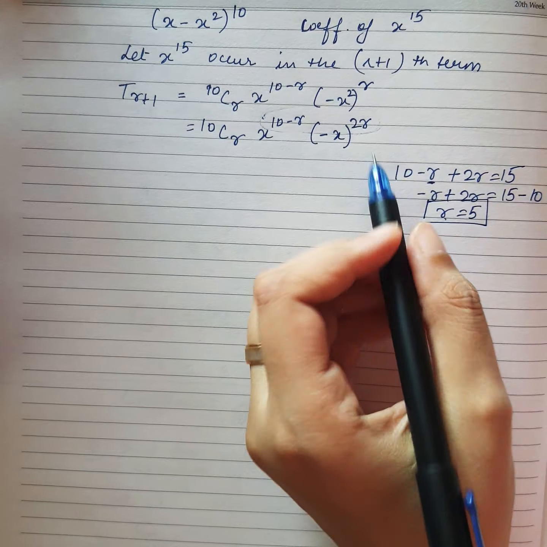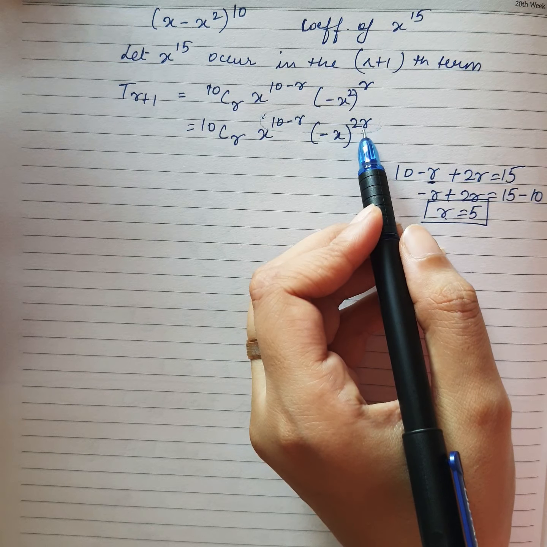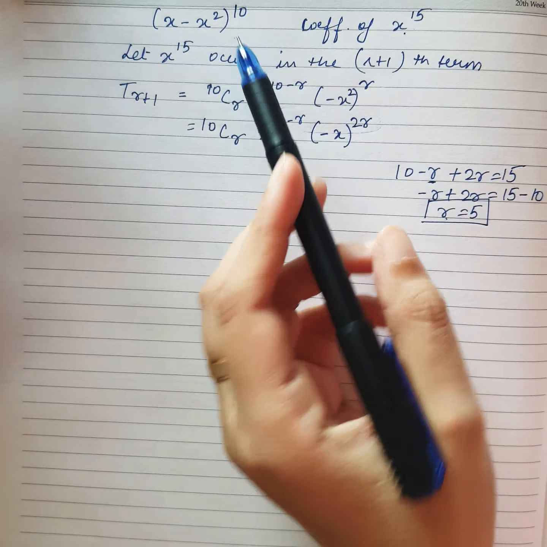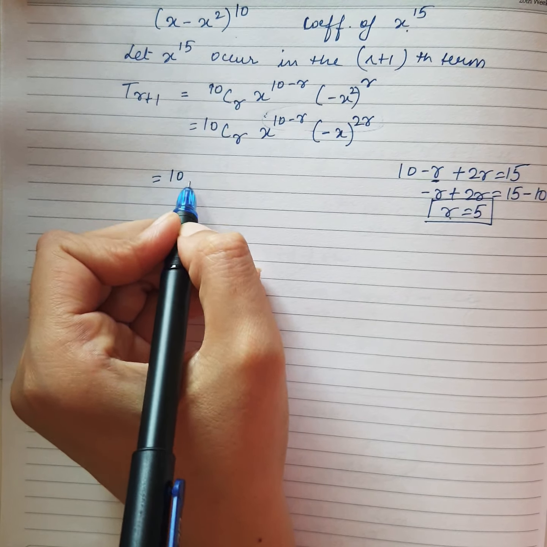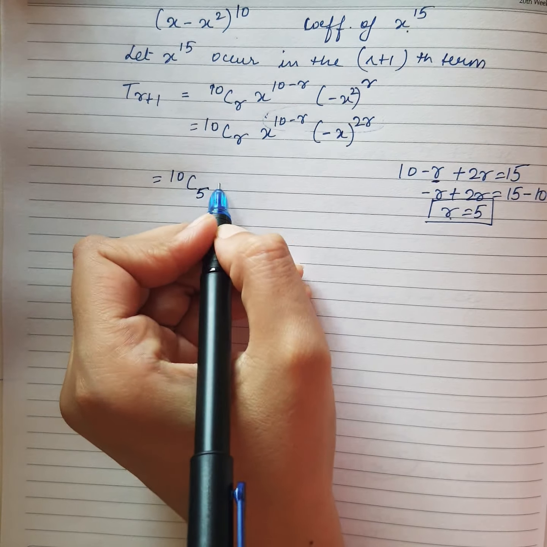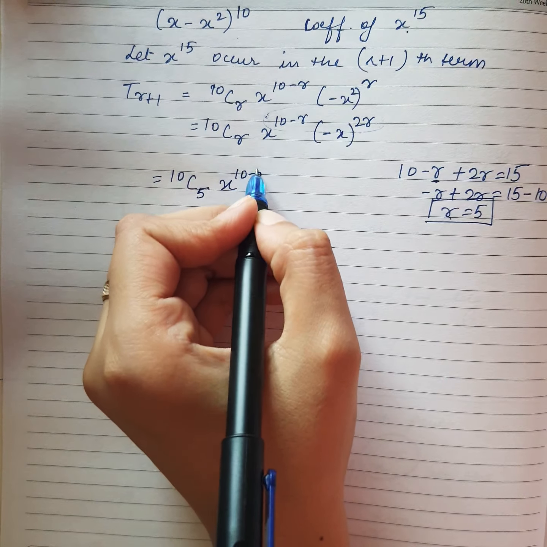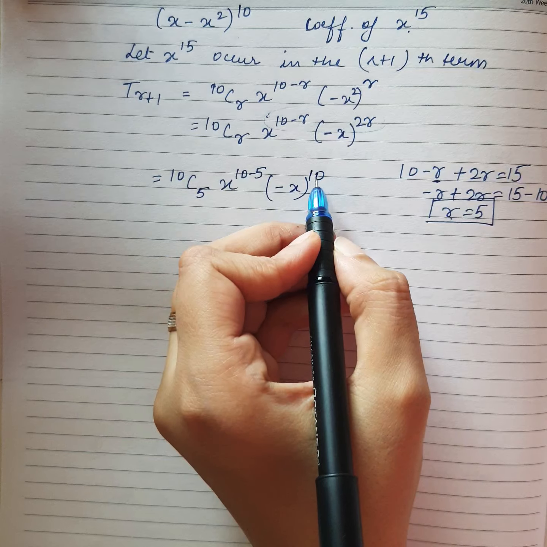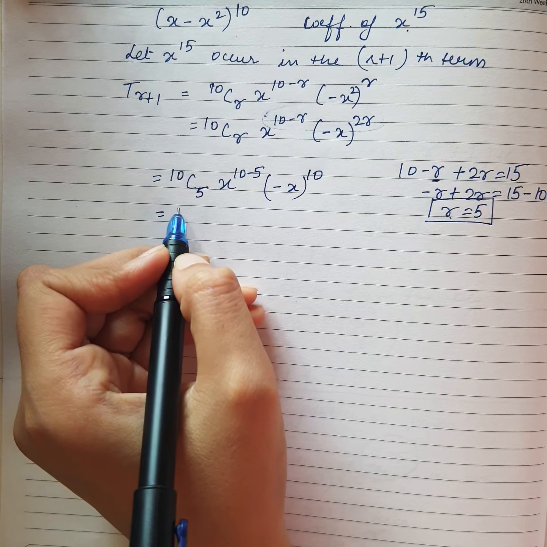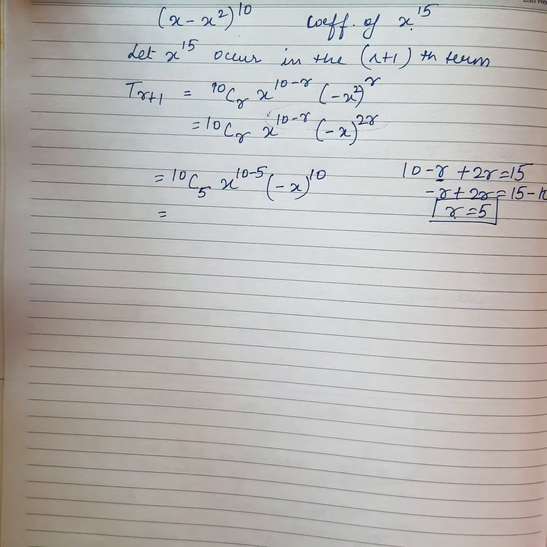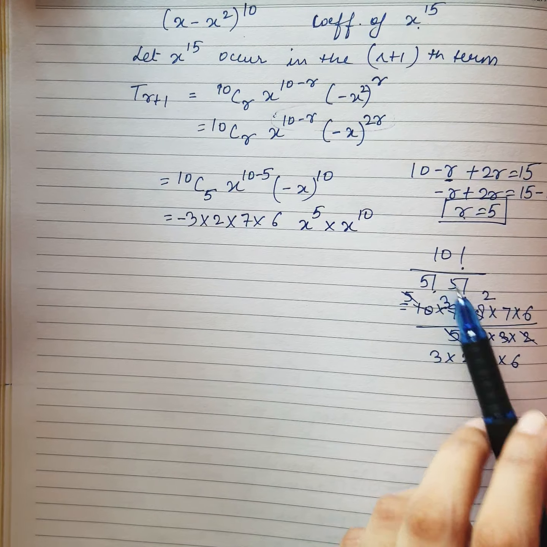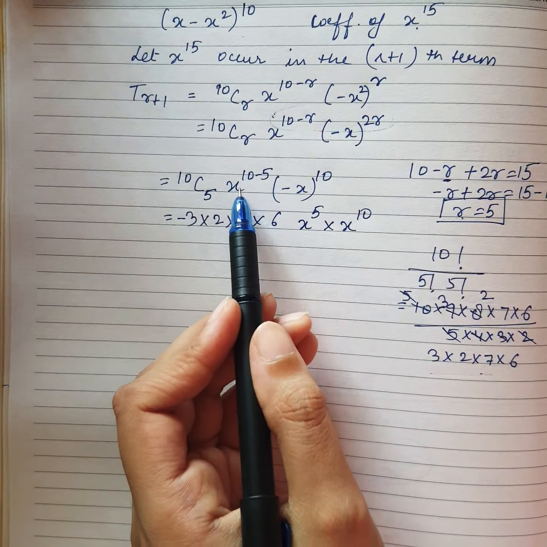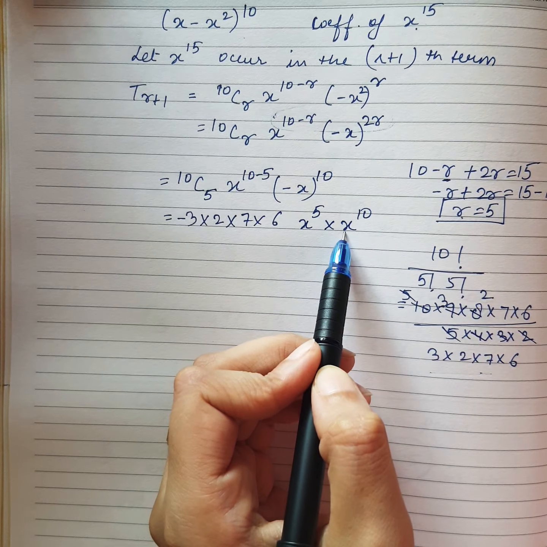So if we put r equals 5 here, I will get exactly x^15 directly without writing the whole expansion. Let us try 10C5 x^(10−5) and (−x²)^5. Now we need to solve 10C5. So I have solved 10C5 somewhere separately, 3, 2, 7 and 6 multiples.